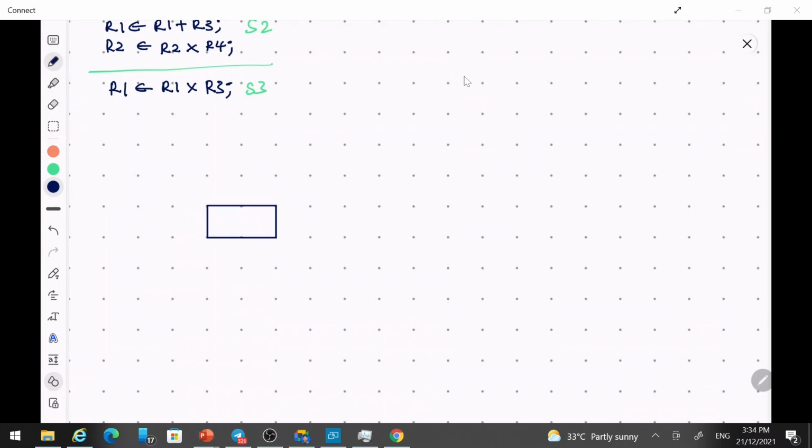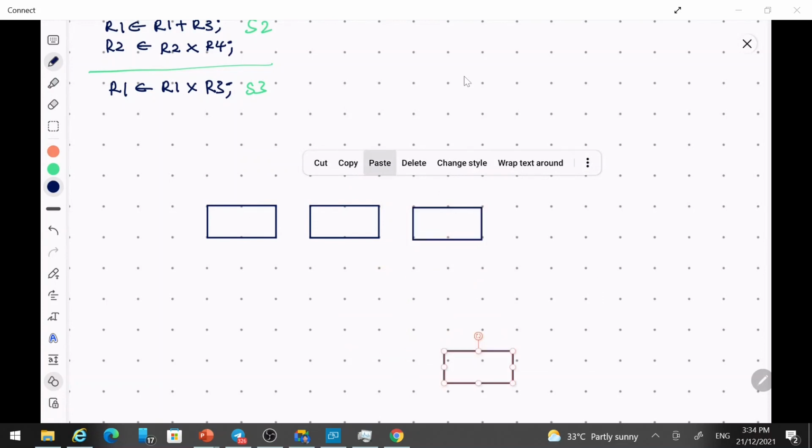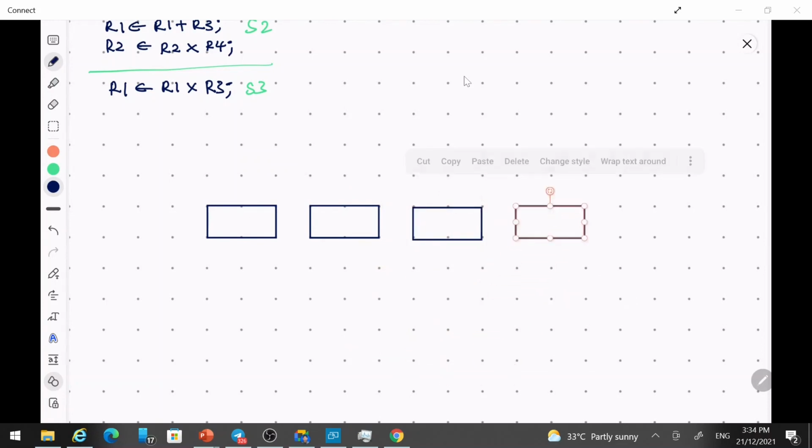One register, another one, another one, and another one. This is R1, this is R2, this is R3, this is R4.